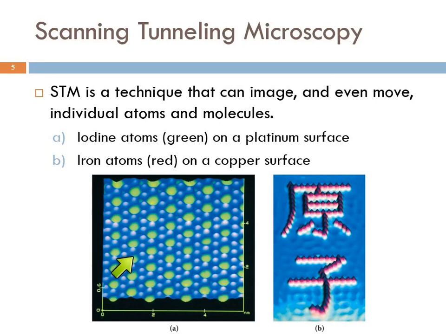This picture is of iodine atoms, those are the green ones, on a platinum surface. You can see they're spread out very nicely and regularly. And this image is the word atom written in Japanese kanji characters, using iron atoms, those are the red or the purplish color, on top of a copper surface.